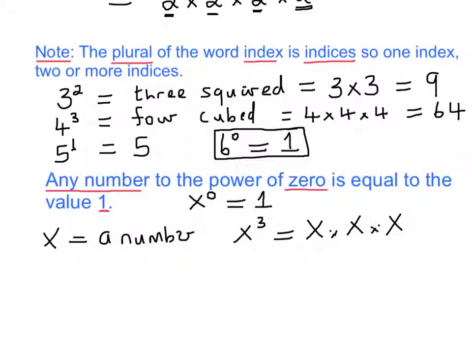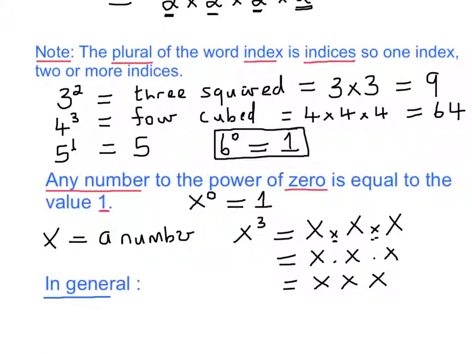Now it's a little bit confusing with these multiplication signs along with the x's. So normally they're not written in, and normally you'll see it just written as xxx. Sometimes people put in a dot between the x's, but normally it's just x, x, x, and it's understood that the 3 x values are multiplied by each other.